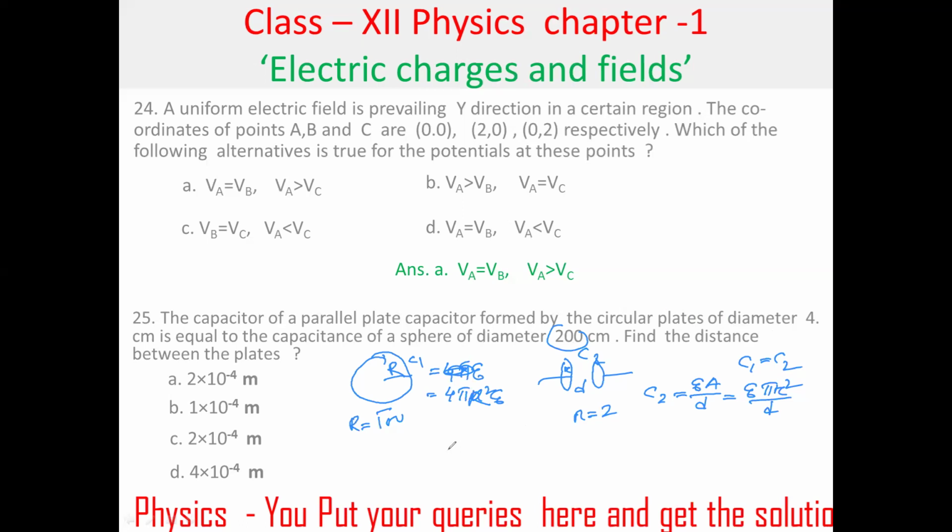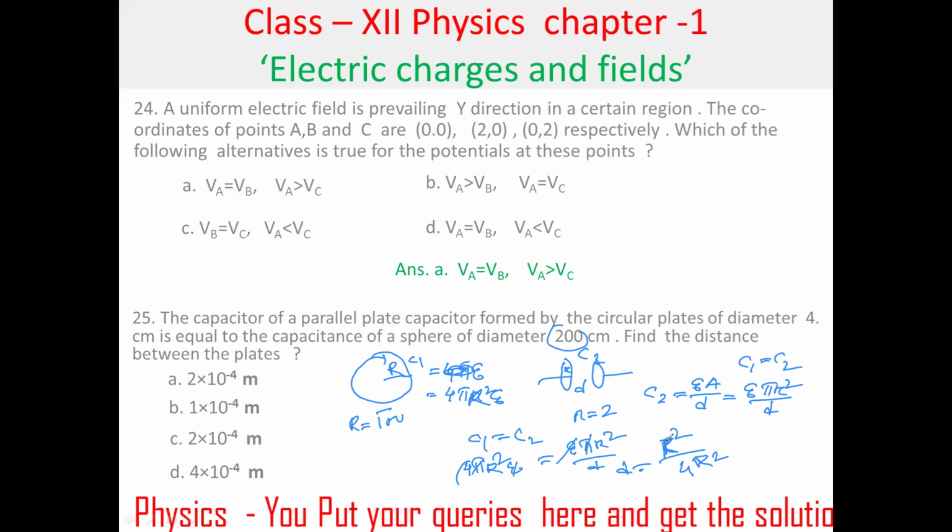If we put all this in, C1 equal to C2: 4 pi capital R square epsilon naught equals epsilon naught pi small r square by D. Pi and epsilon cancel. So D would be small r square by 4 capital R square.